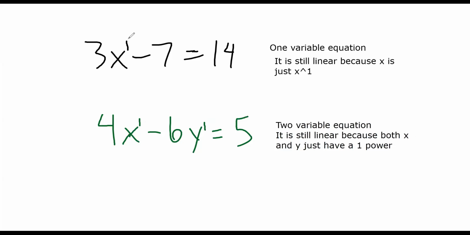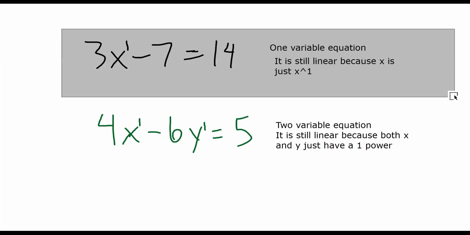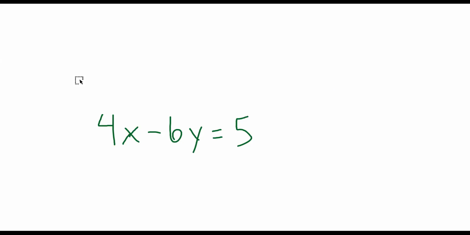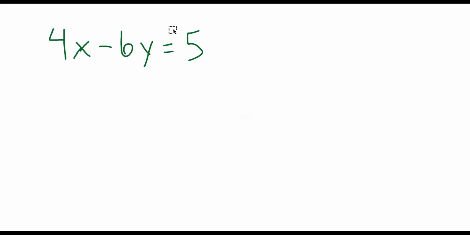Now we're going to see some interesting ideas. Let's zoom in on this one a little bit. I'll erase the first powers because they're implied. If they're not written, it's implied to be a first power. Let's consider the point -2, 4.